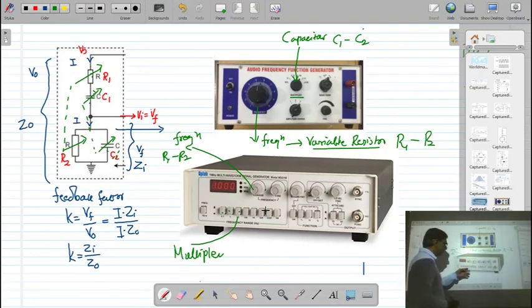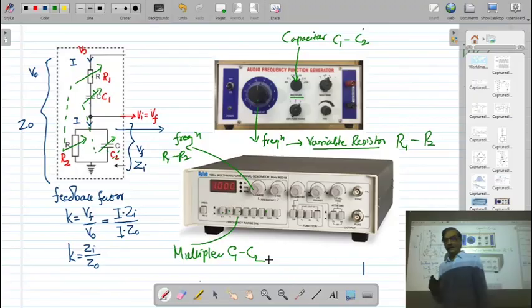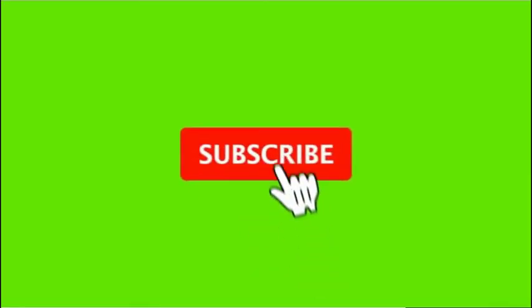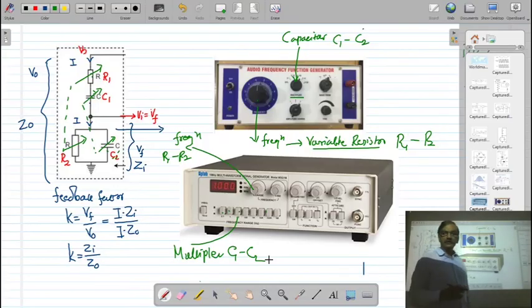As you can see here, it is 200, 2 kilohertz, 20 kilohertz. It means we are changing the value of capacitors C1 and C2. So in this way, this Wien bridge oscillator is widely used for making an AFO or a function generator. It is a very popular oscillator circuit. Now in the next lecture, we will discuss the RC phase shift oscillator.